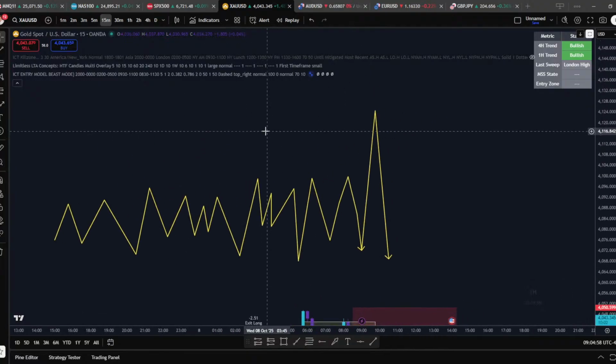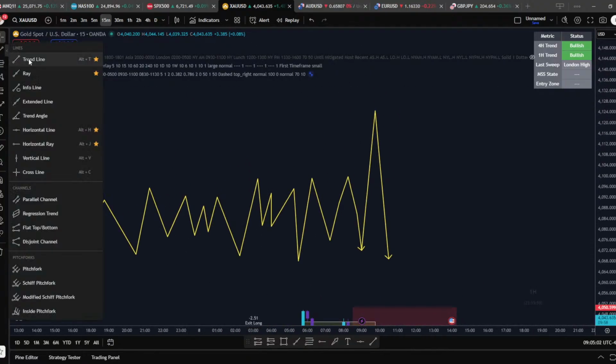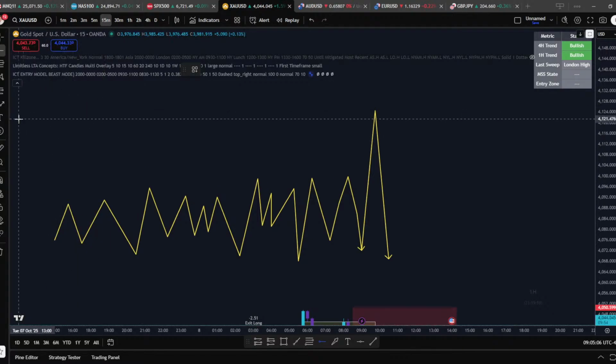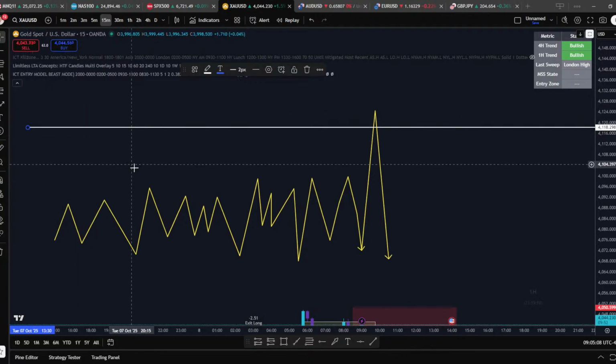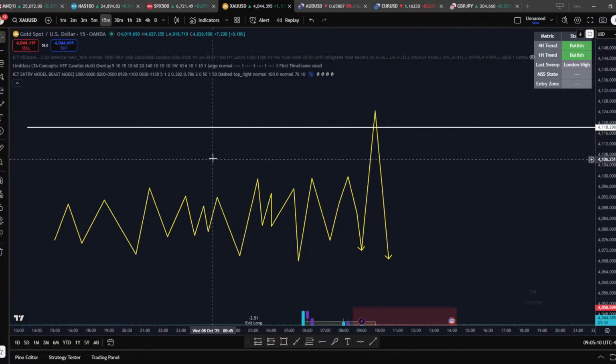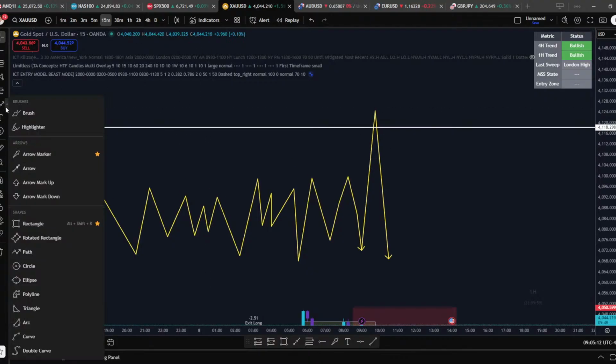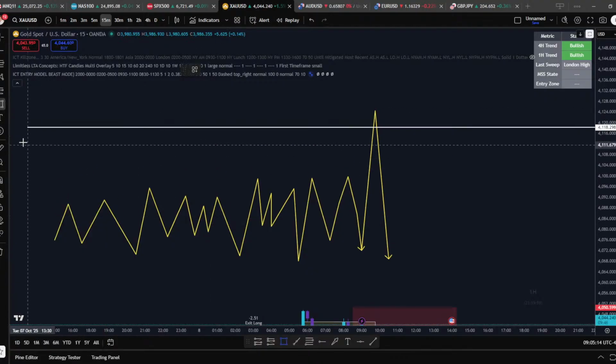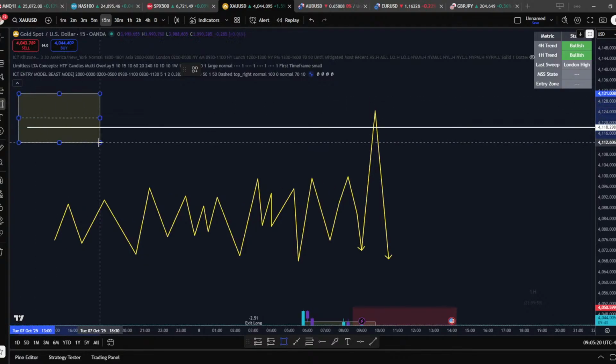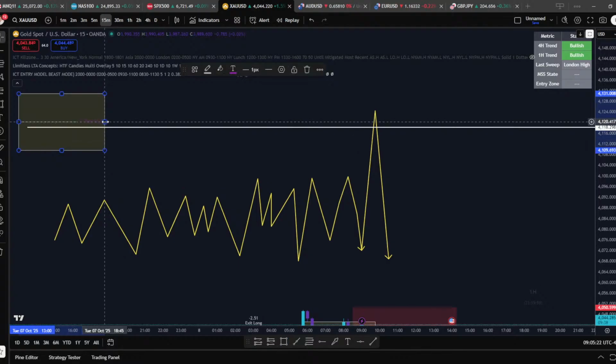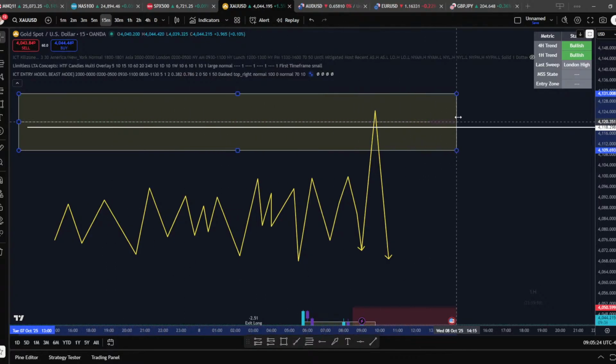What we need to see now is some form of liquidity being taken like this, right? And ideally you'd want to see either something like this happen. Okay?